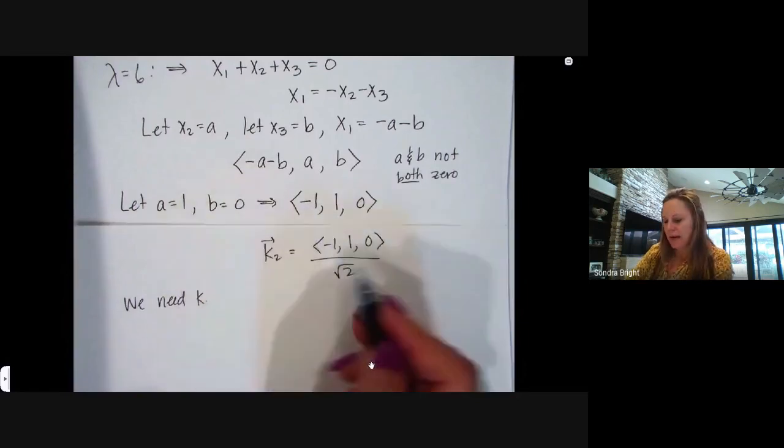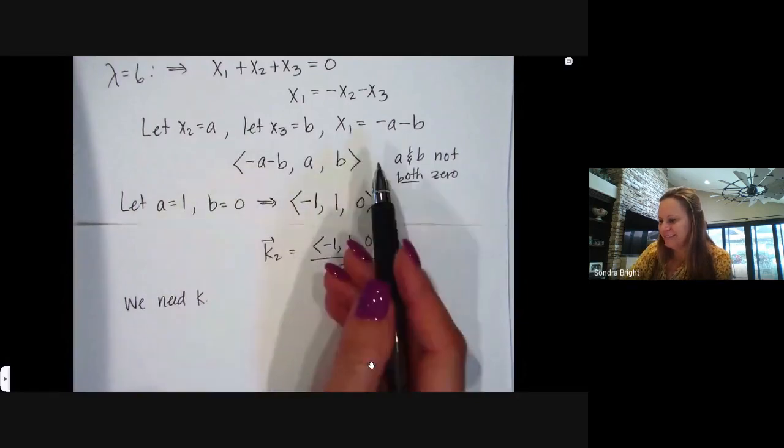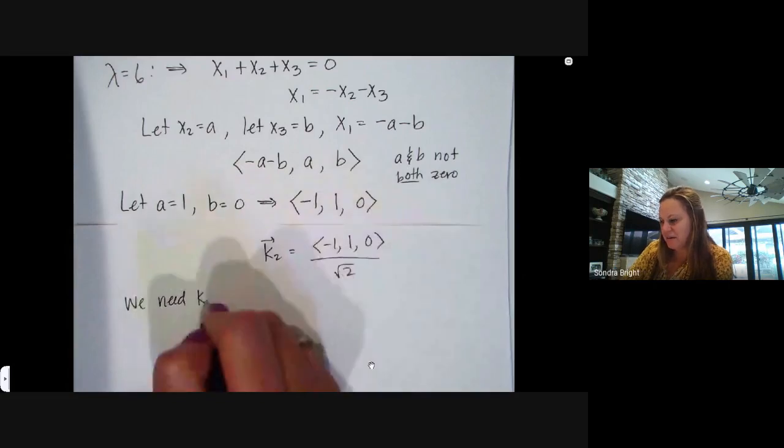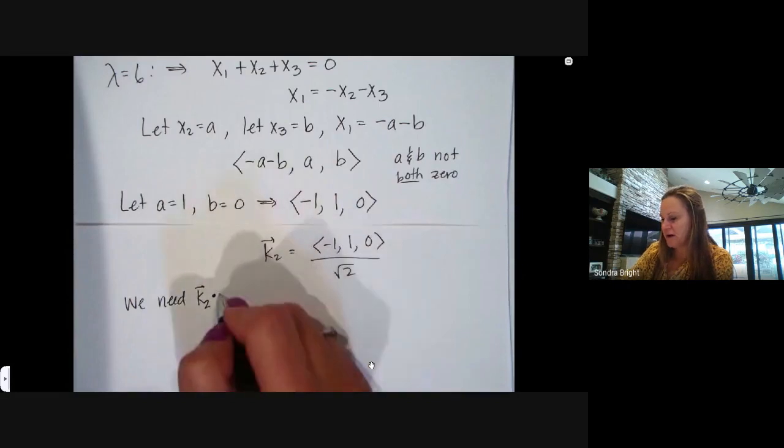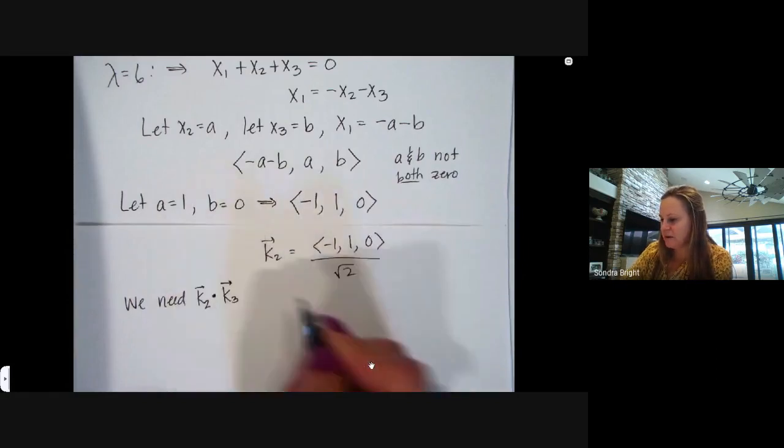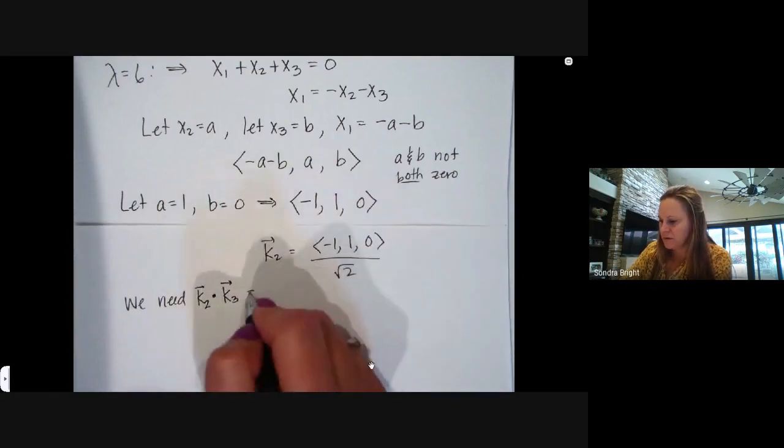And so what I need is, I activated Siri. I don't know how. But I need the dot product of K2 and K3 to be 0 so that they're orthonormal.